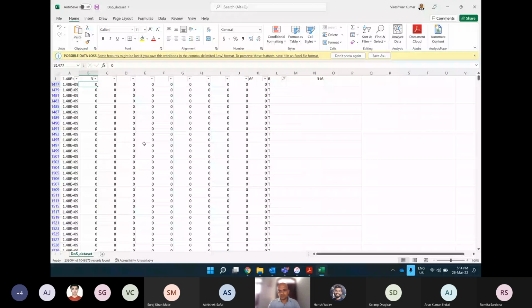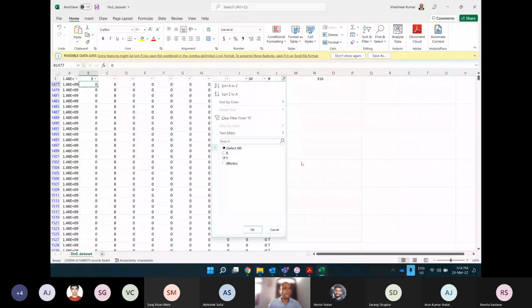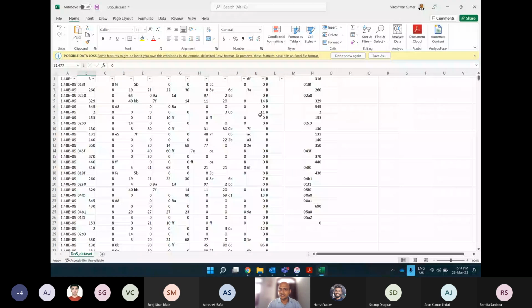Now, in this case, what we are looking at is only the inter-message arrival time. Okay, so now let me remove this filter. Okay, so what you have to do is clear the filter.